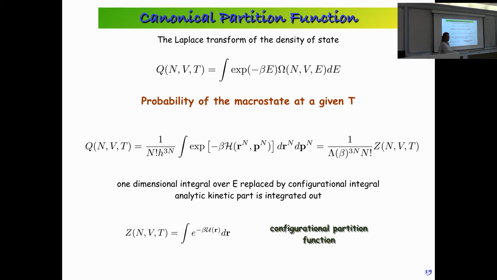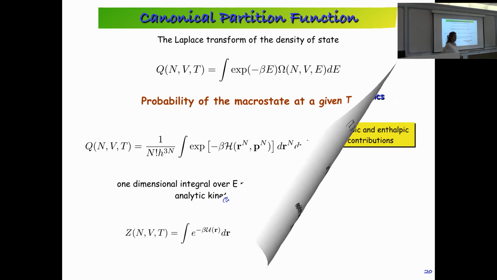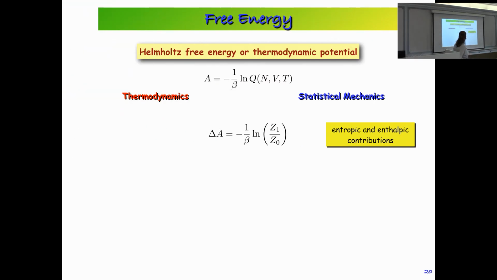That is obviously very problematic because we don't have the time to explore such a large configurational space. But if you have it, generally what you're looking for is the configurational partition function, so the kinetic part is integrated out. If you have it, you have everything. You have the free energy, and you can make every prediction about your system.